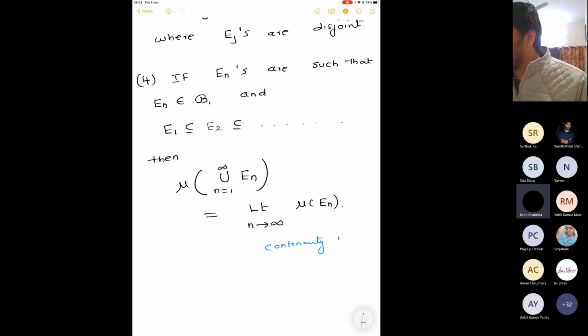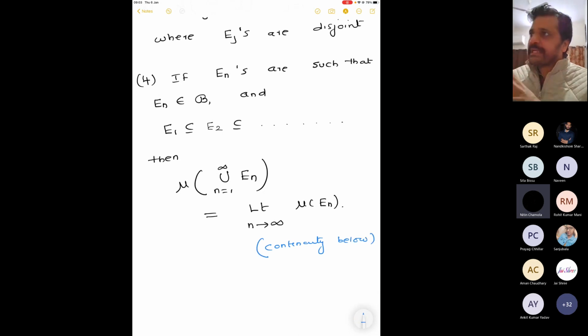You can approximate the non-standard object by objects lesser than that. You can go on making this approximation better and better. Then the measure of this standard object will tend to measure of the non-standard object which you are trying to measure. So this is called continuity from below.